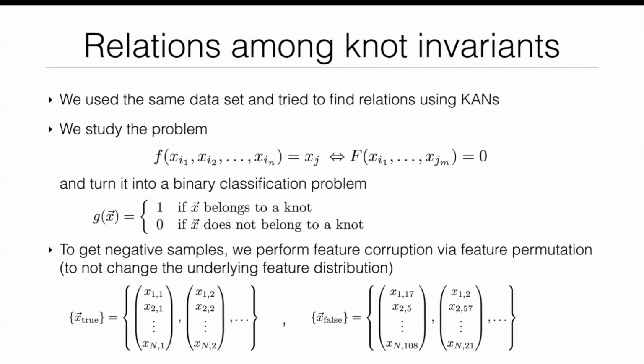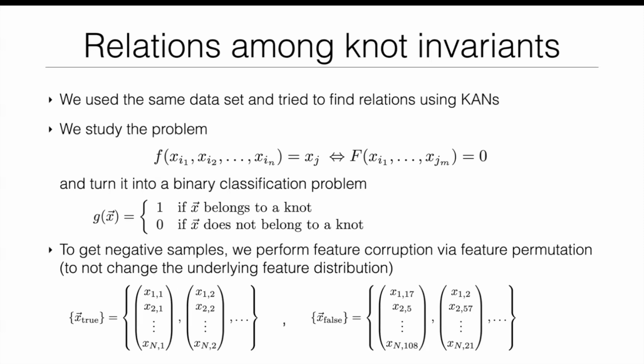Instead, what we do is we turn this into a supervised machine learning problem, where we want to learn a function g of x such that it is 1 if x is data that belongs to a knot, and it's 0 if it is not data that belongs to an actual knot. So what I mean by this is we take the data that DeepMind took from a knot theory database, and we corrupt some of the features.